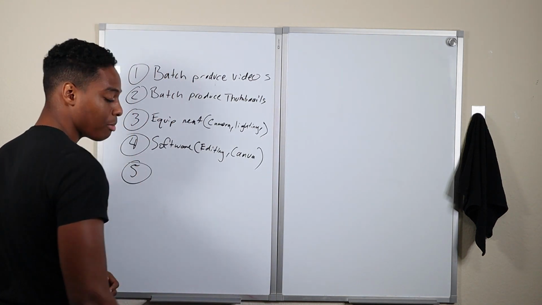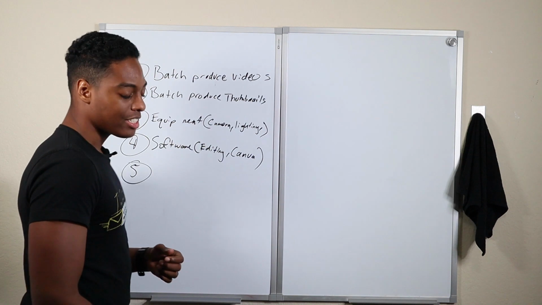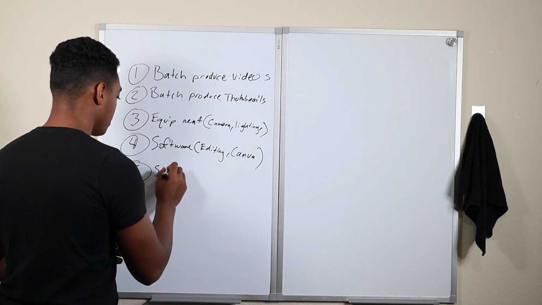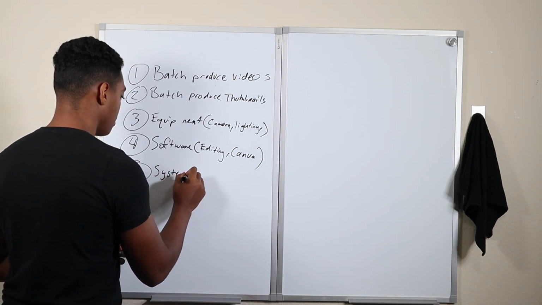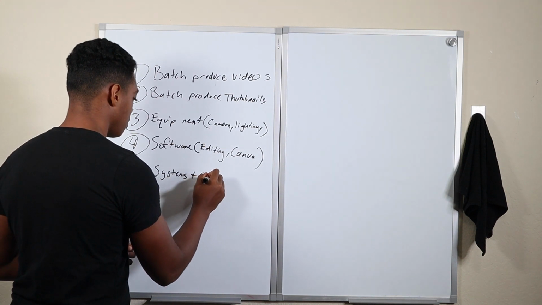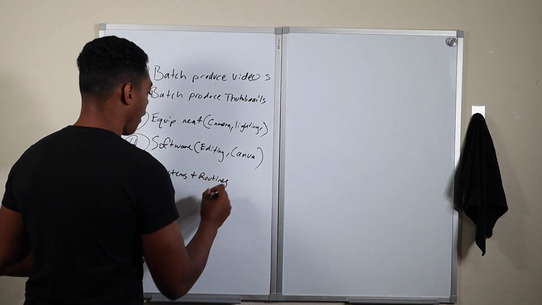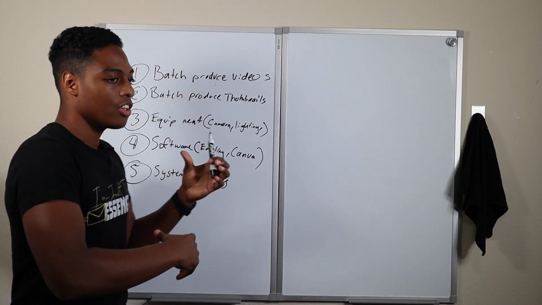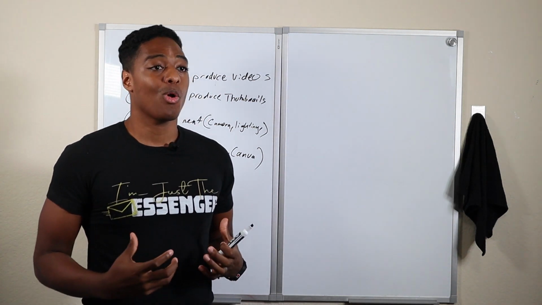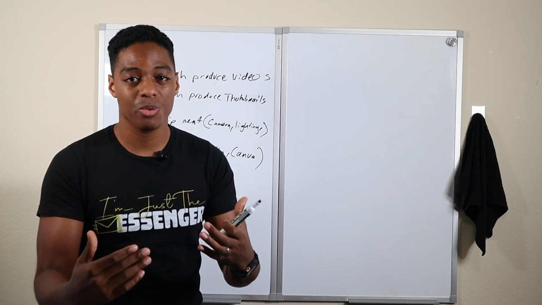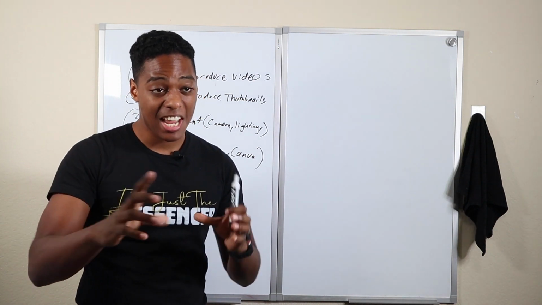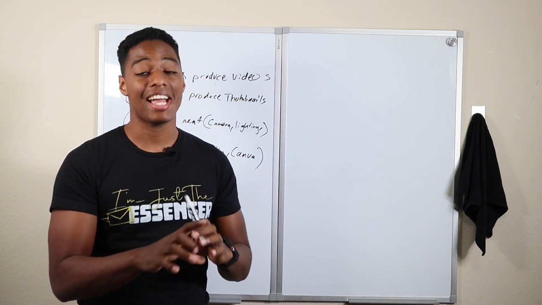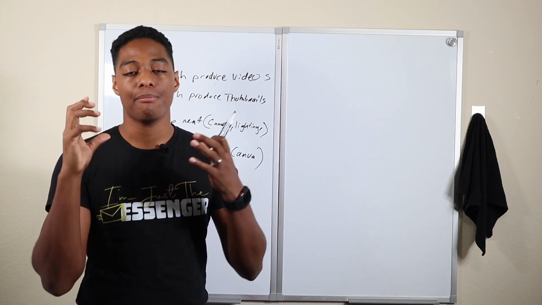All right. So number 5 is systems and routines. Ultimately, that's making sure that you have a routine, and that what you have is on your schedule, like knowing that on this day, I'm doing videos, on this day, I'm editing them, on this day, I'm doing my thumbnails.